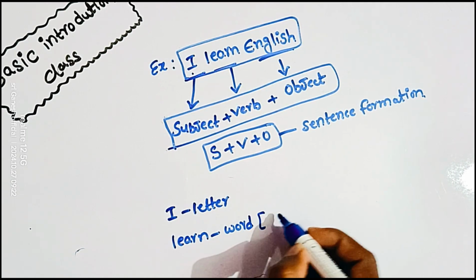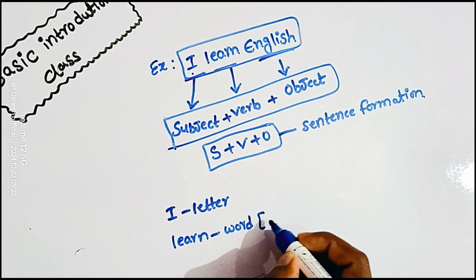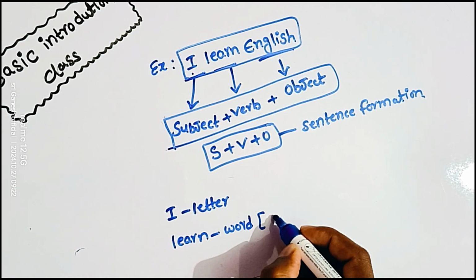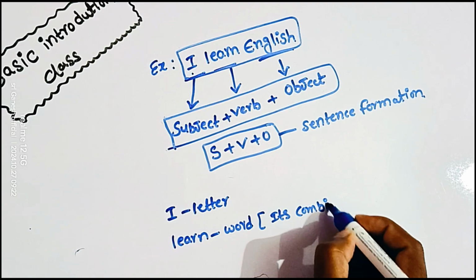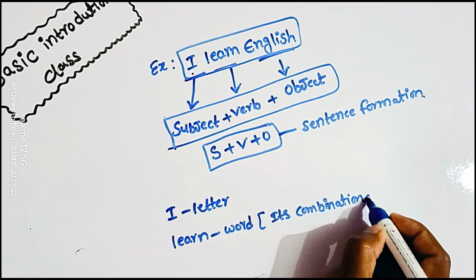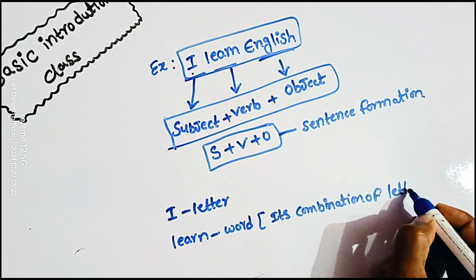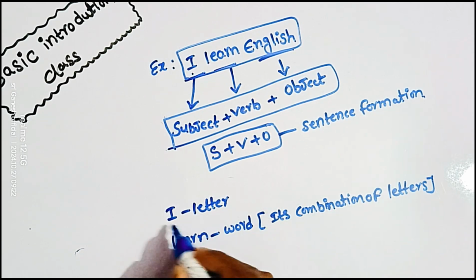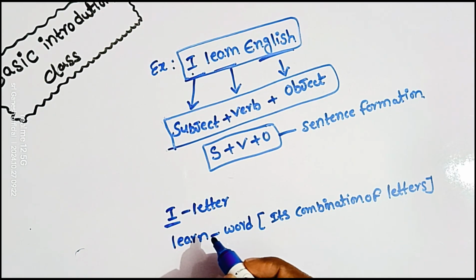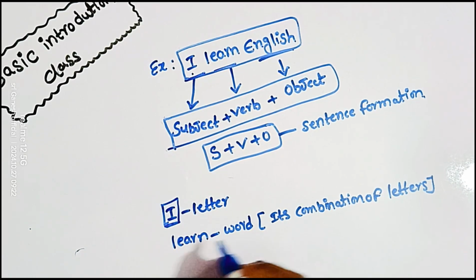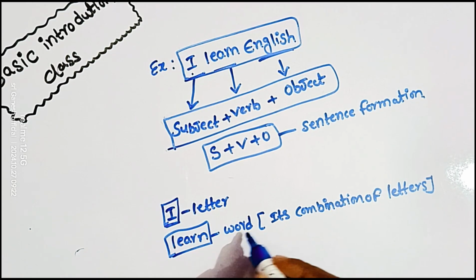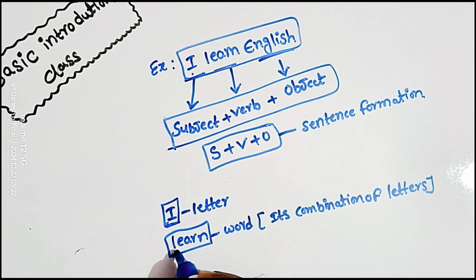Word means it's a combination of letters. I is one of the letters among the 26 capital alphabets. Learn is a word, and a word means a combination of letters: L, E, A, R, N are the letters.